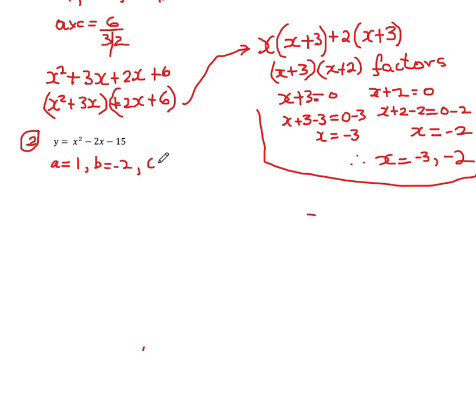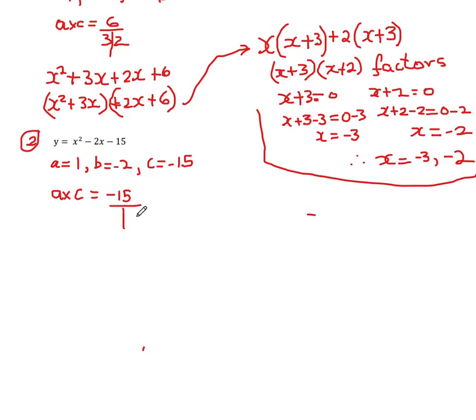And c is equal to negative 15. Okay? And once you have written down these values, then you multiply a by c. And when we multiply a by c here, that's 1 multiplied by negative 15, which is of course negative 15.